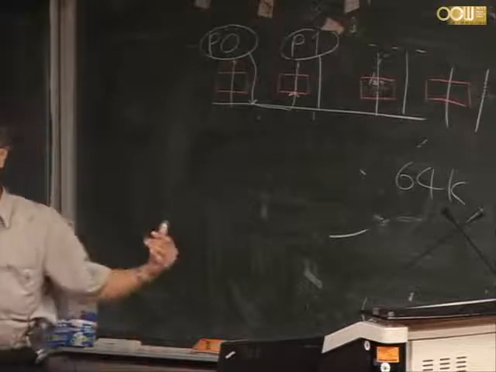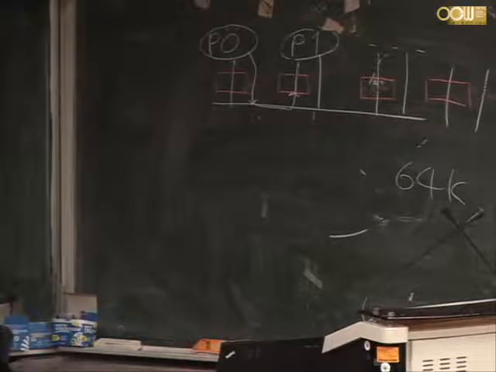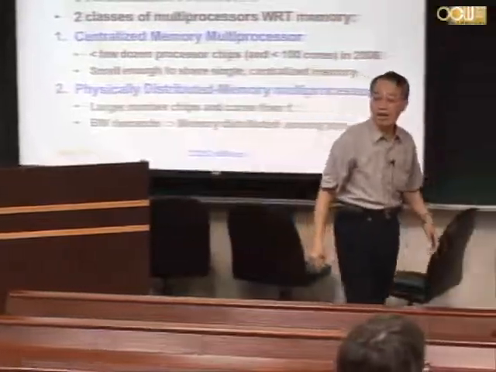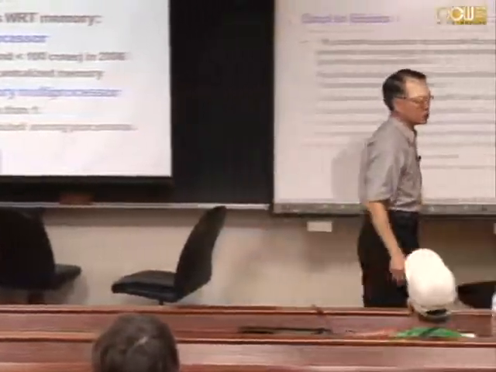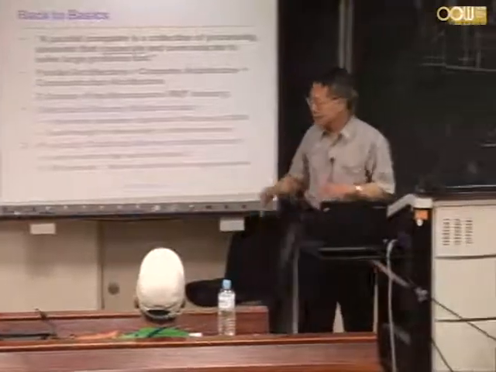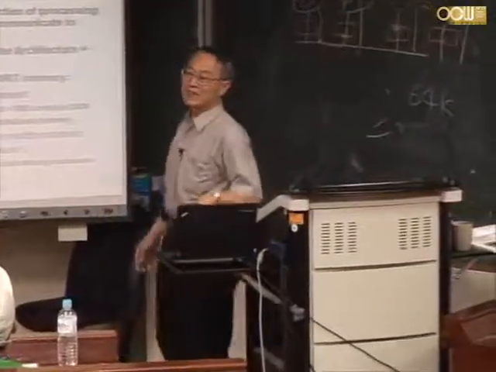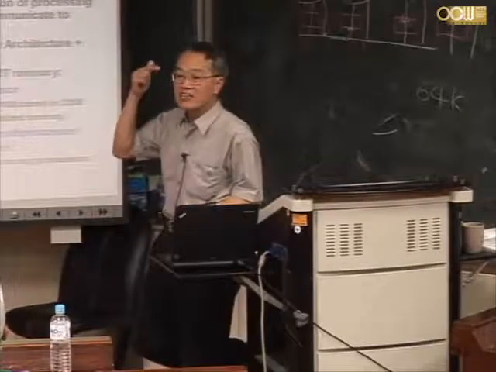We did have such a commercialized system in history. That system is like that big. Okay, 1 meter by 1 meter by 1 meter, 64K processors plus their distributed memory in such a big case. That machine is called the Thinking Machine.